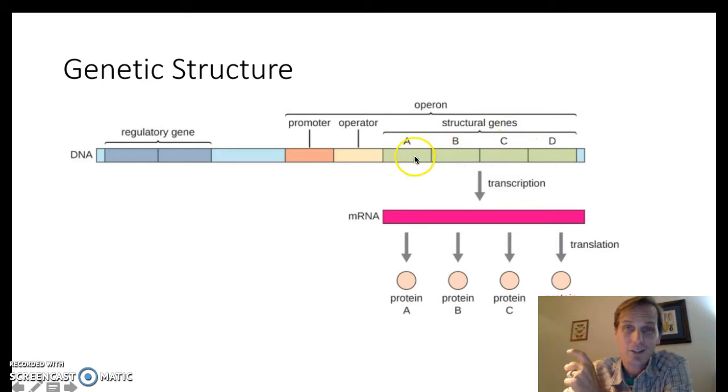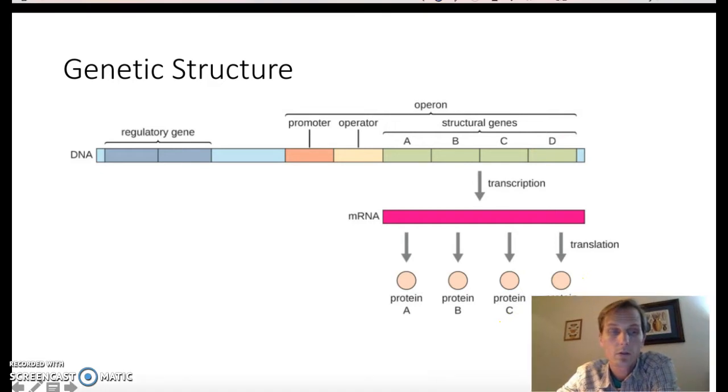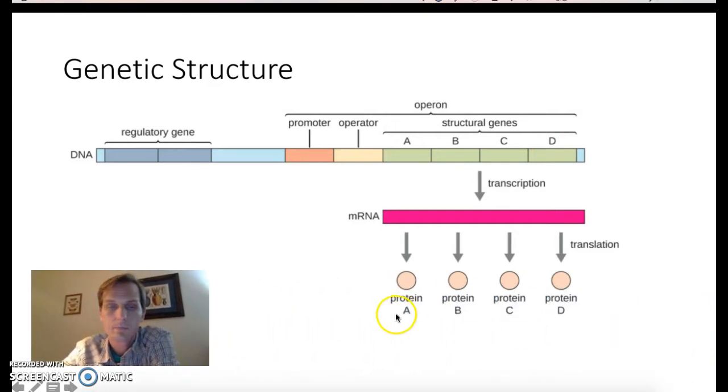But in this case, it requires the presence of all 4 polypeptides, otherwise known as proteins, to be together to perform the function. So when I have these arrows coming from this, it's because gene A codes for protein A, gene B codes for protein B, C, C, D, D, which is covered by my picture. Oh, there we go. Check that out. Learning something new all the time.